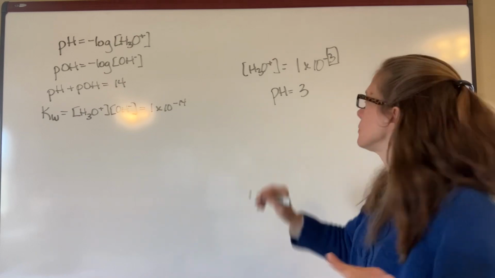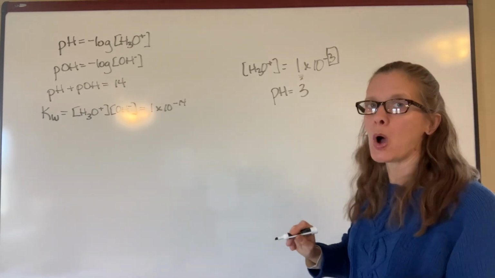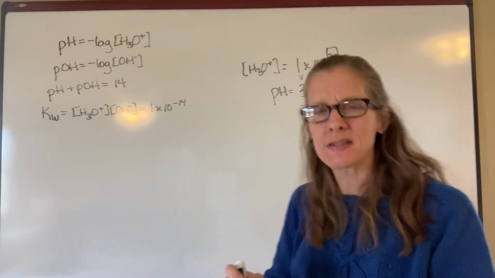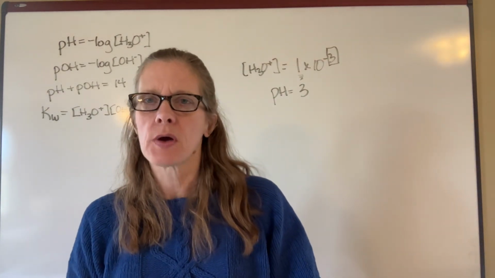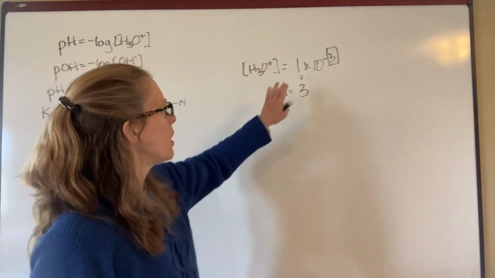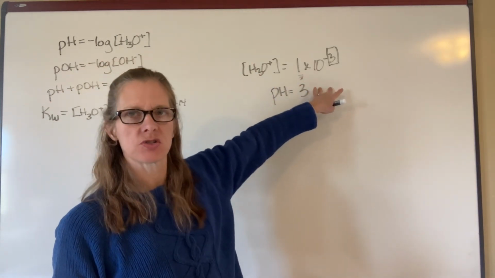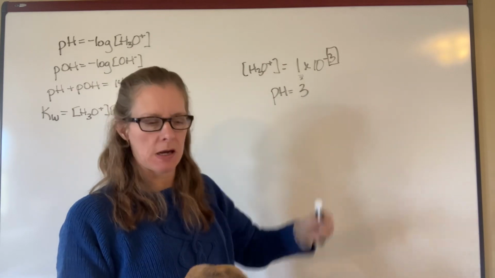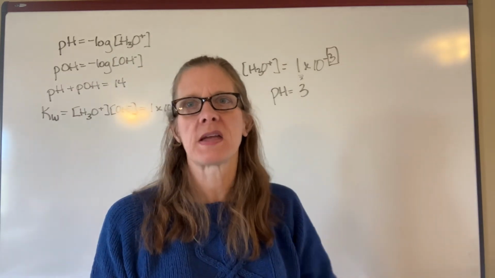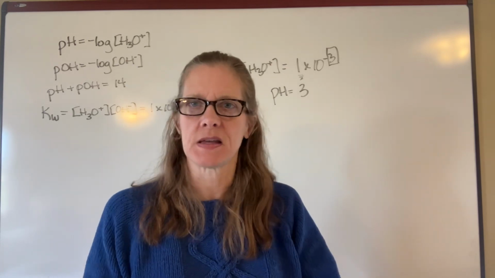Now, that's only going to be the case if this is also a 1. If this is something other than a 1, then this number is not so pretty. It does have a decimal involved with it, okay? But that's the reason why we use that definition, so that we don't have to write out concentrations like this all the time. And for somebody who's not super science minded, they can say, oh, pH of 4, I get that's an acid. pH of 12, I get that's a base.